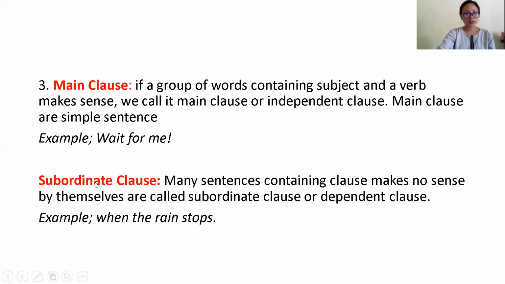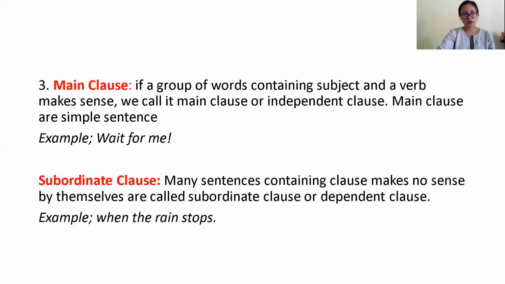Next, subordinate clause. Many sentences containing a clause make no sense by themselves and are called subordinate clause or dependent clause. Here, let's see the example. When the rain stops. What will happen after the rain stops? We don't know.